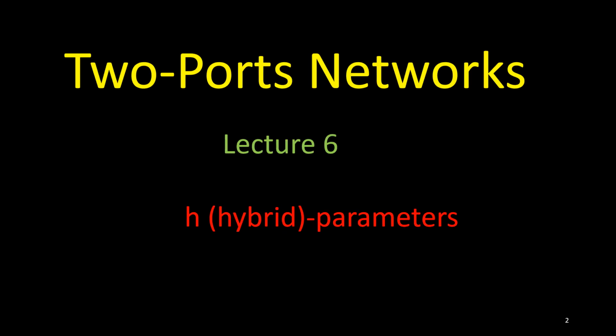This is lecture number 6 on two port networks. In this video, I am going to discuss H parameters of two port networks. We'll consider first a two port network.